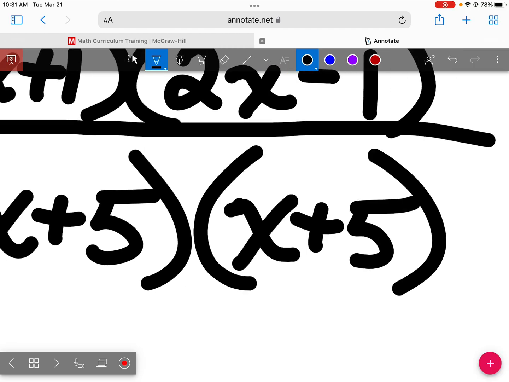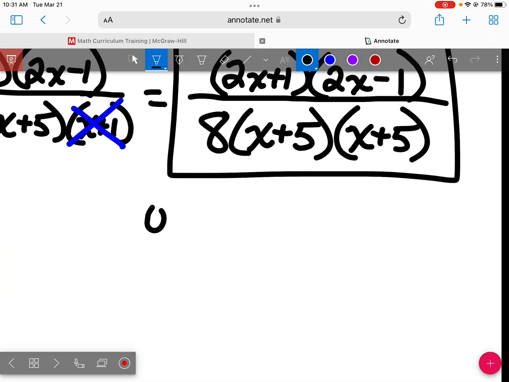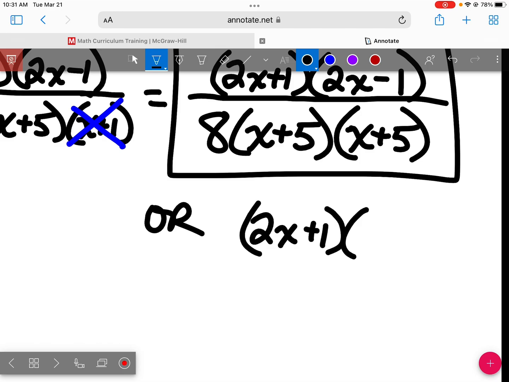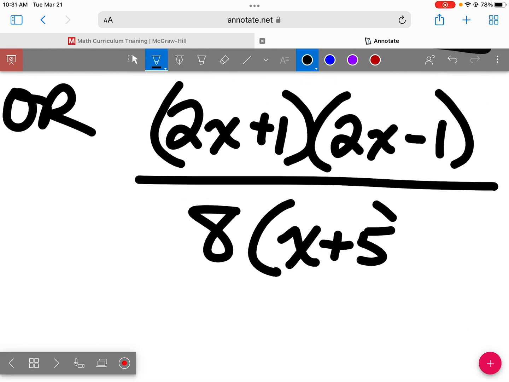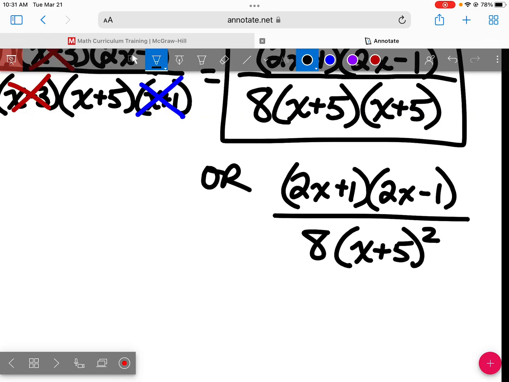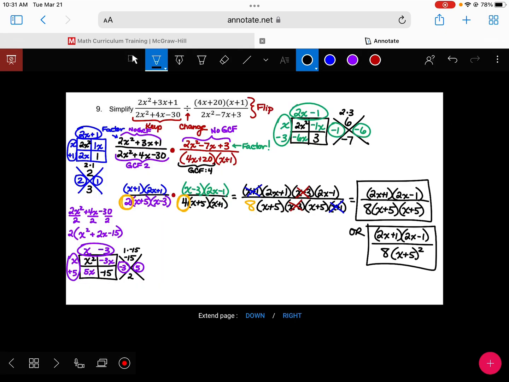Or how else could you write that? To the second power. So you could have 2x plus 1 times 2x minus 1 over 8 times x plus 5 squared. You could also have that. Means the exact same thing. Yep, that's the final answer.